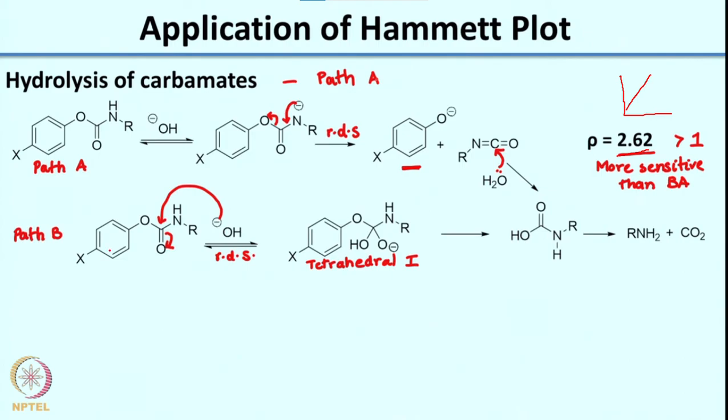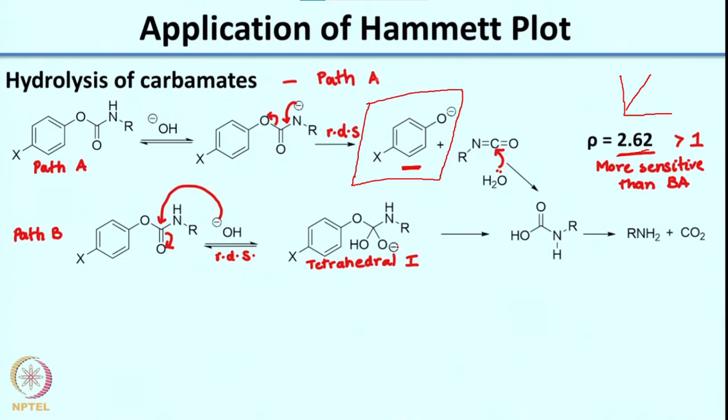If you see here, if an electron withdrawing group is present here, it will not stabilize as much compared to this one. Suppose we are getting this as an intermediate, right? So here, if an electron withdrawing group is present, it will stabilize this negative ion, correct? It will stabilize it very nicely, but in this case it will be very far from the ring, right?